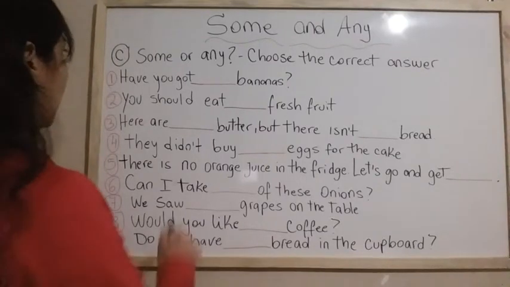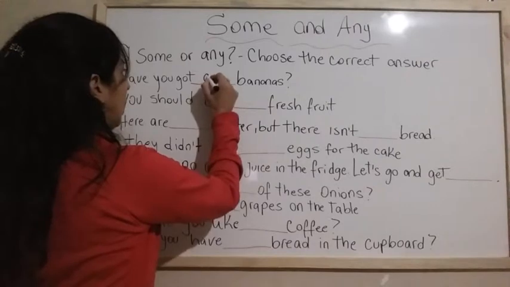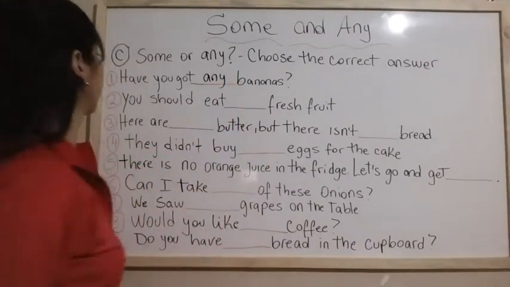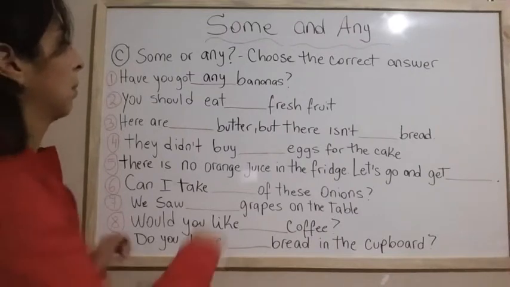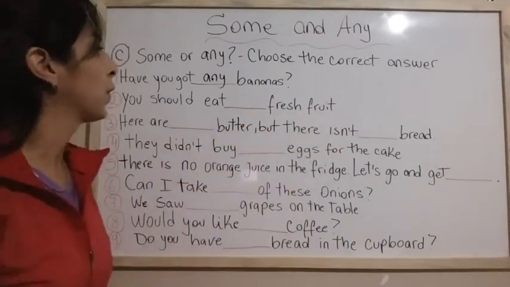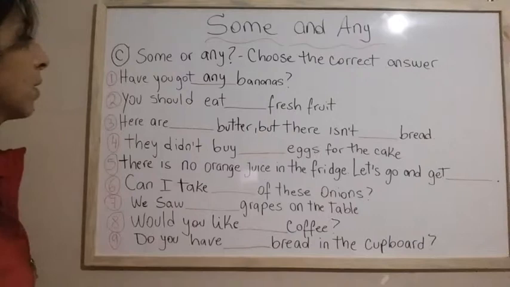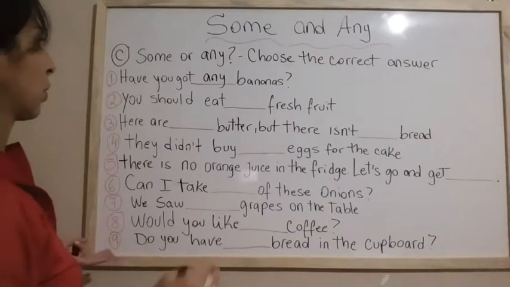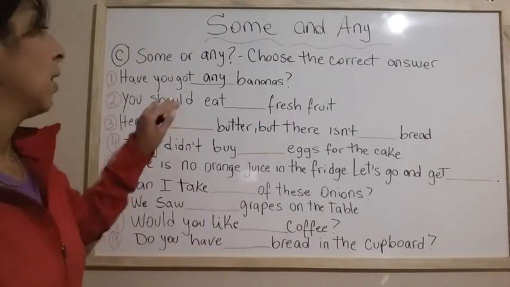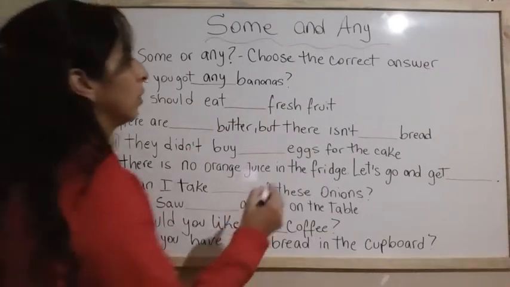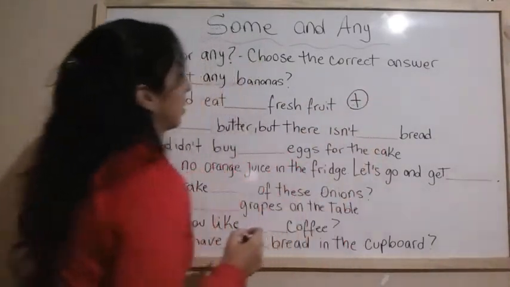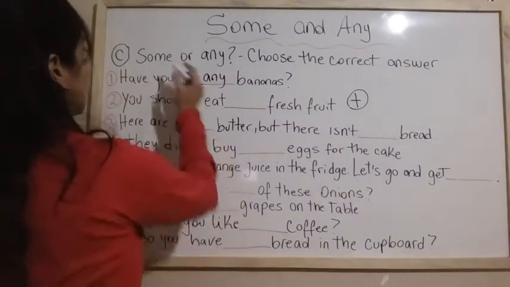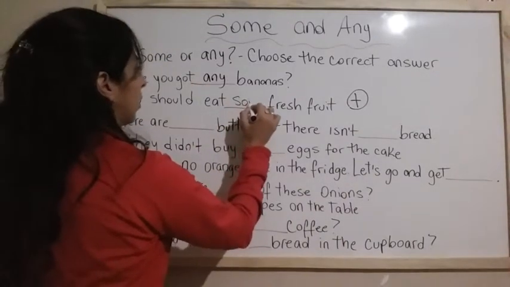So in this case we use any. Okay? The next question is, you should eat blah blah blah fresh fruit. Which word can we use, some or any? According to the rule, this is an affirmative statement. So we have to use some.